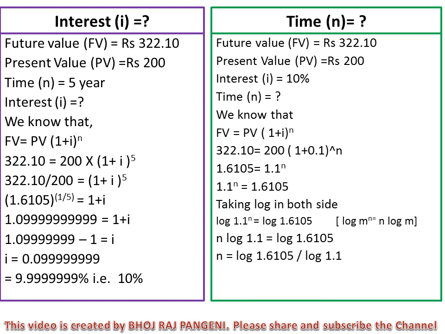Now n equals log 1.6105 divided by log 1.1. Don't cancel log with log. You have to find the value of log 1.6105 and log 1.1 and divide. We get 5 years directly. So this is all about the single cash flow.